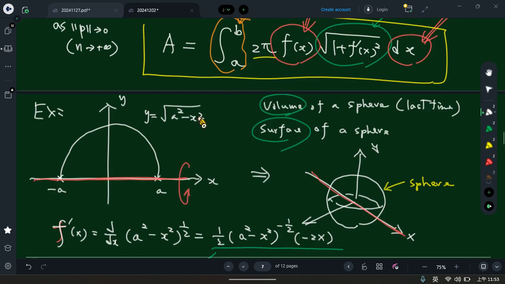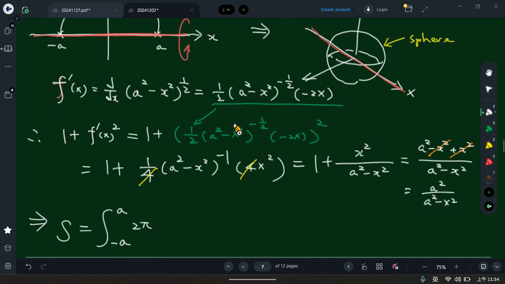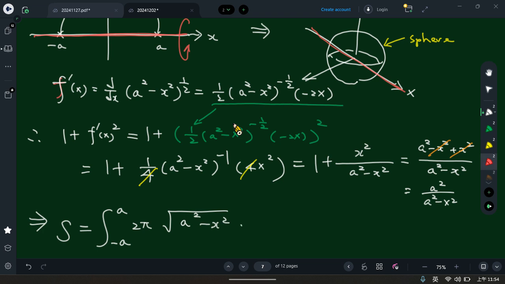So it will be square root of a squared minus x squared times this one, a squared over a squared minus x squared. Then, we forgot we need to take the square root.